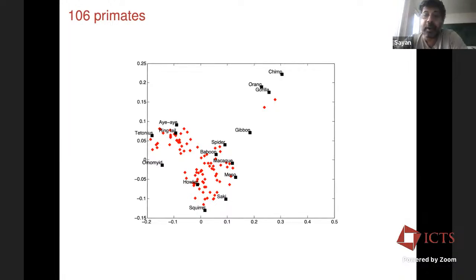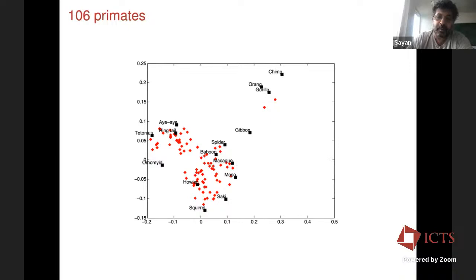And what's interesting is at the top right, you see the great apes, and then gibbons are a lesser ape. So spider means spider monkey, baboon, macaque. So then these are giving us some notion of old world monkeys. And then at the bottom, squirrel monkey, howler, sakai. Sakais are extinct. These are new world monkeys. And at the very left, you are seeing lemurs.